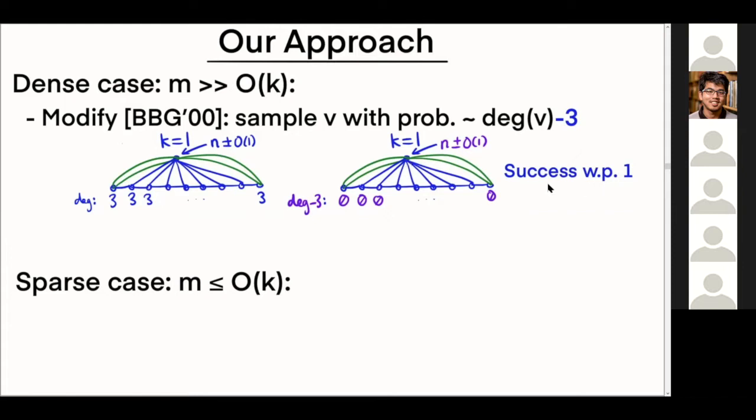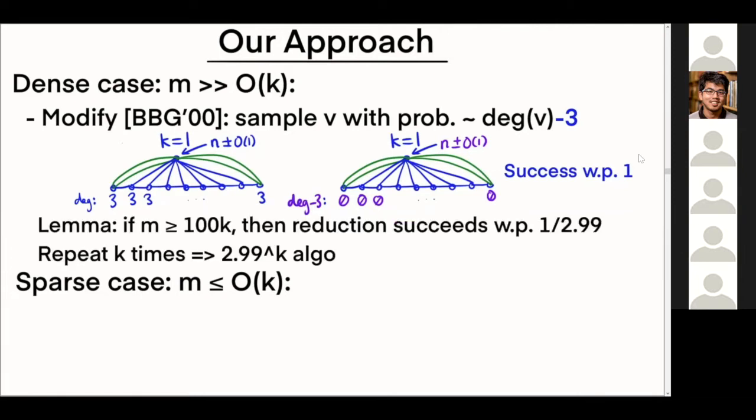So in this case, we actually succeed with probability 1. So this example is no longer a bad example for the sampling algorithm. This is at least some intuition on why weighting by degree minus 3 might help us. It kills off all of the degree exactly 3 vertices not part of the feedback vertex set, which are the ones we don't want to select.